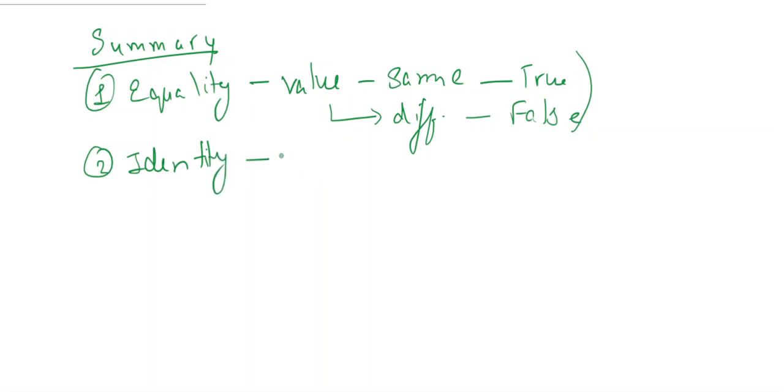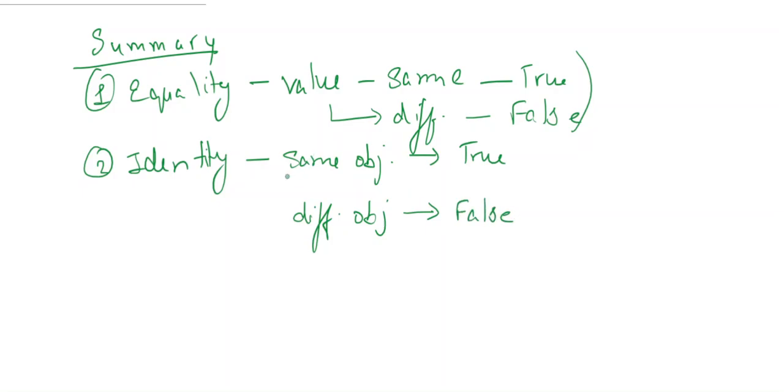It looks at whether it is the same object, or a single copy of the object, that both the variables are referring to. If it is the same object or the single copy of an object, then it will return true. And if it is a different copy of the object, or two different objects that those variables are referring to, then it will return false.